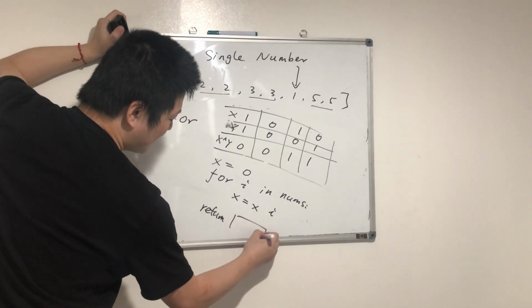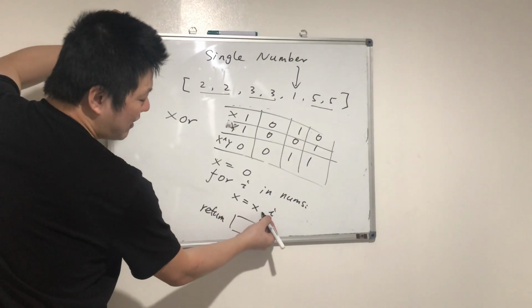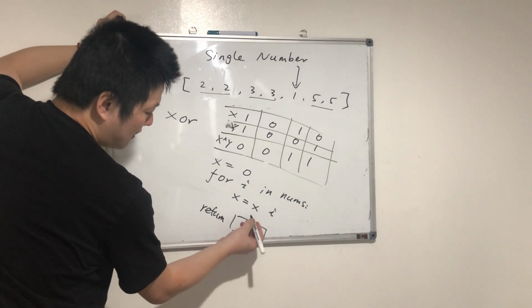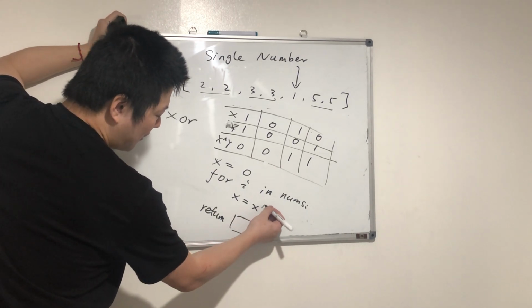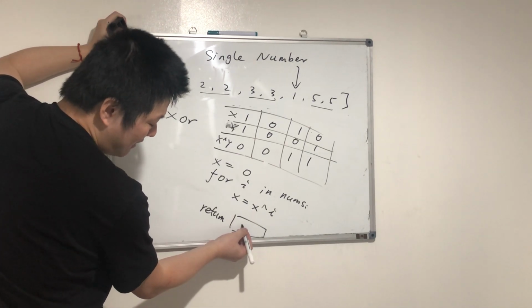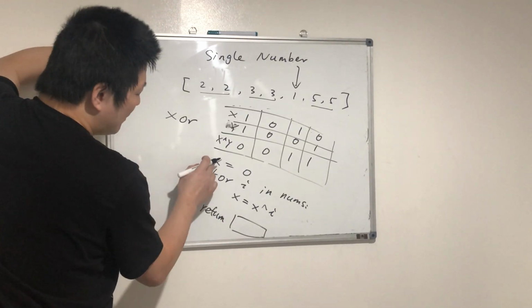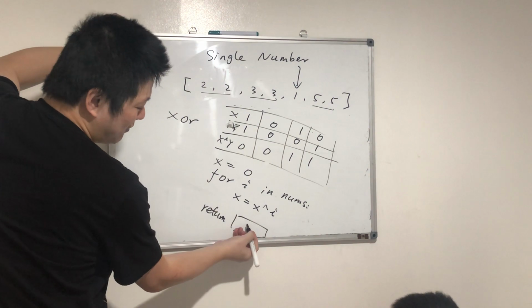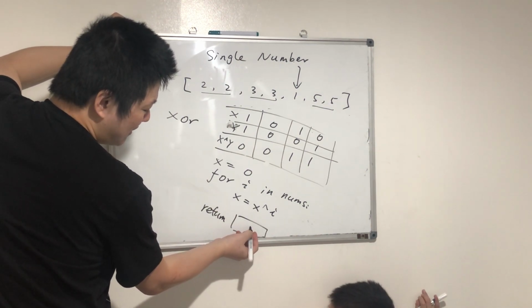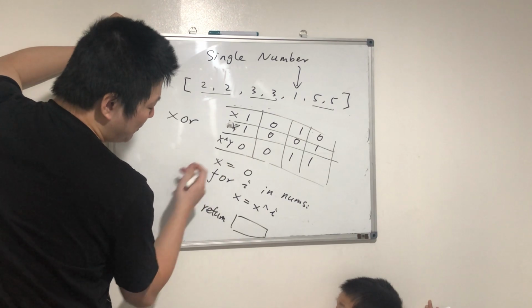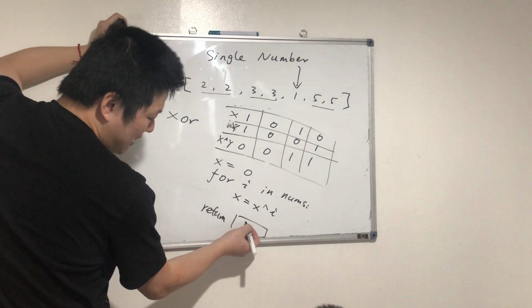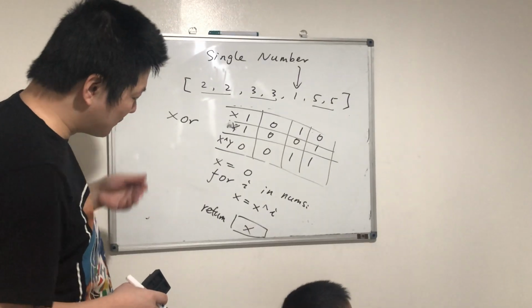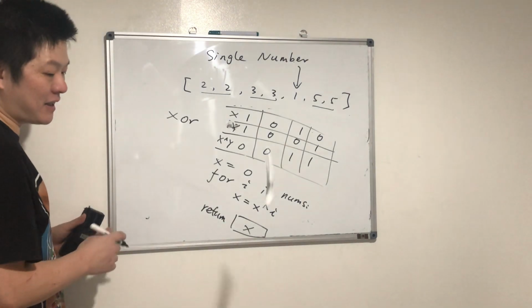Well done. We return x, because if I exclusive-OR all the numbers, the result is the number we're looking for. Return x. Well done. I just said x, we said x way earlier. So look, what's the time complexity?